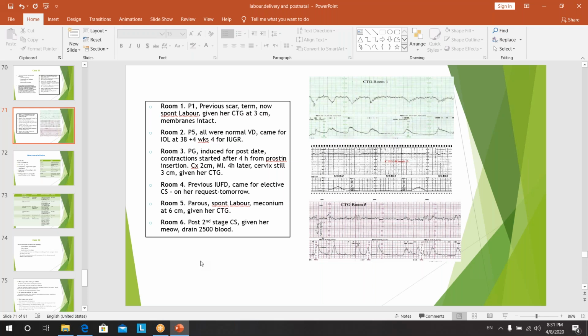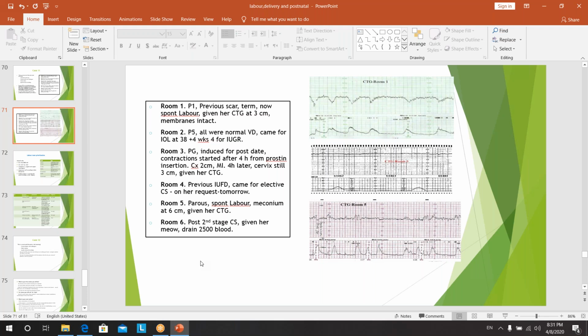Dr. Ali, can I ask you a question, please? Yes, sure. About room 3, we were discussing 3 centimeters and 4 centimeters. First of all, FBS will be very difficult to do at 3 or even 4 centimeters.